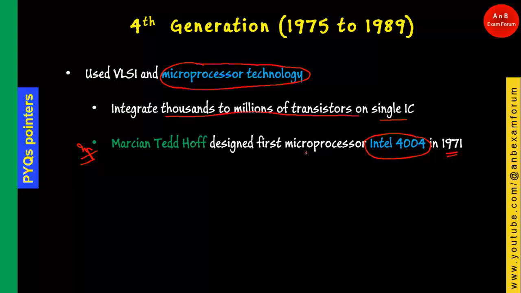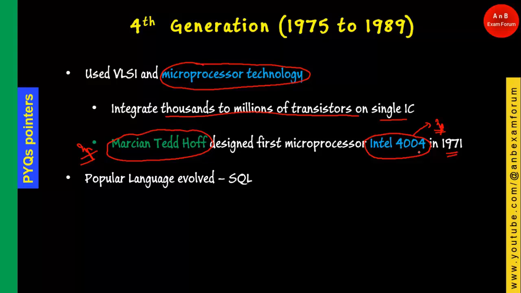The credit goes to Marcian Hoff. Who designed it? Marcian Hoff. So he is known as the father of the microprocessor. But the first microprocessor name you should remember, it can come in your upcoming exam. Okay, so Intel 4004.